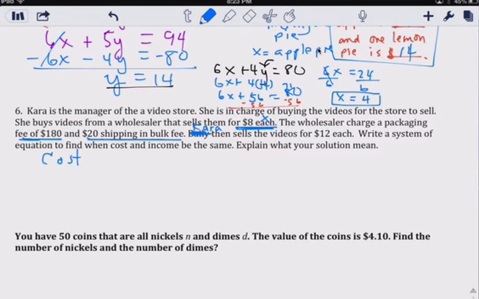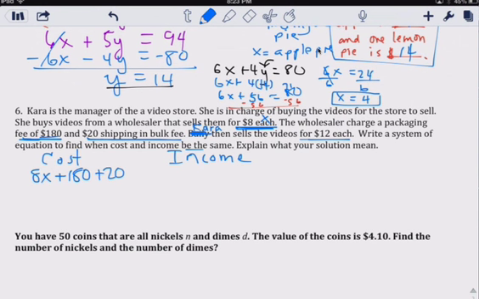Kiara then sells the videos for $12 each. Oh, that's income, remember? Cost, and that's income. Write a system of equations, that's 2 lines, to find when the cost and income are the same. So Kiara's cost is $8 for each video, plus the fee of $180 to package it, plus the $20 shipping fee in bulk.